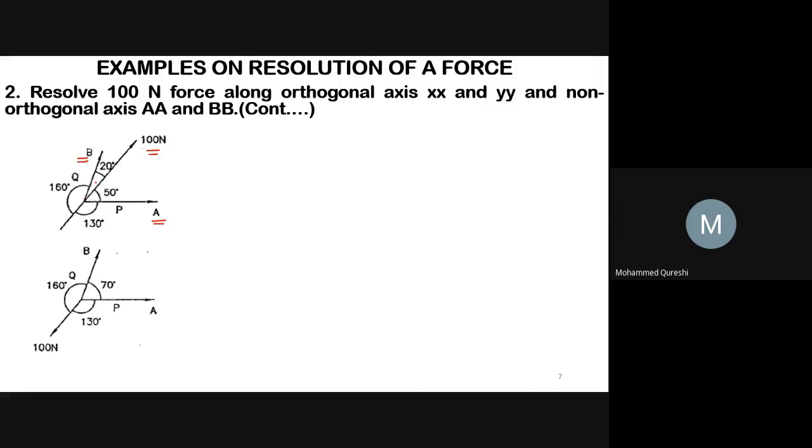So we know that this whole angle is 180 degree, and out of 180 degree we have 20 degree. So we may calculate this angle as 180 degree minus 20 degree, so you will get 160 degree.